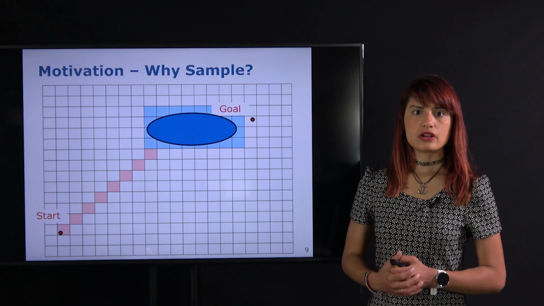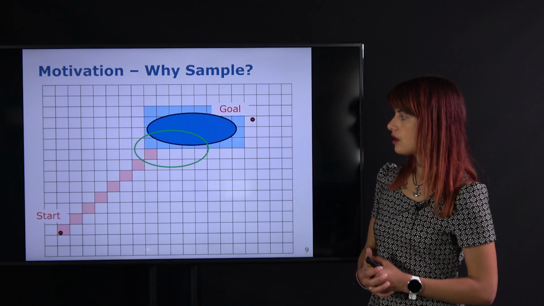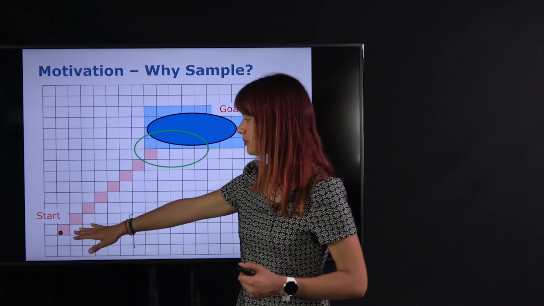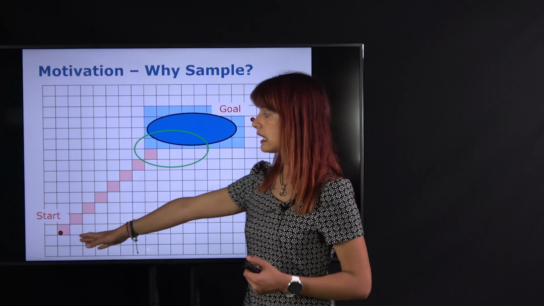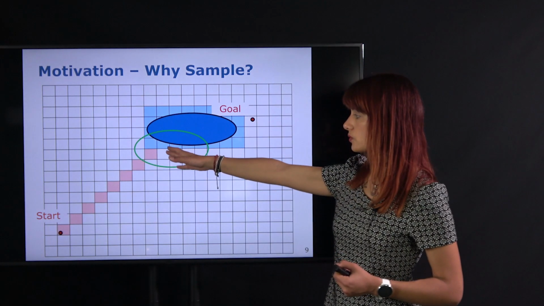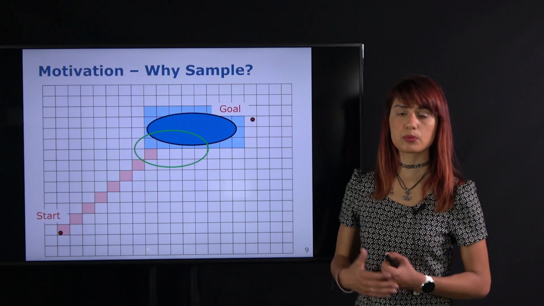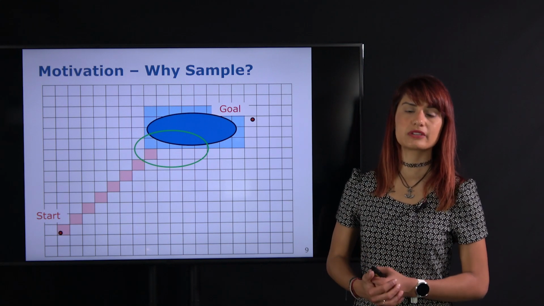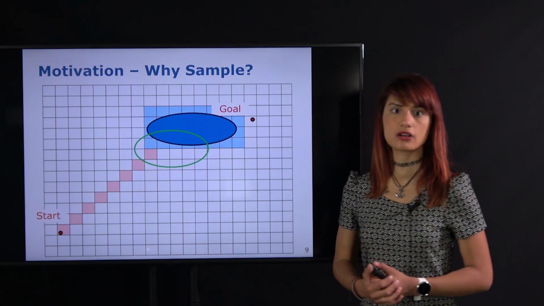So then we start to ask ourselves, could we get some kind of shortcut method where we can skip the expansion of all these nodes or all these cells here and find a straight line connecting the start to close to the obstacle directly, without going through the actual process and all the computations that are involved in searching this free space free of obstacles?